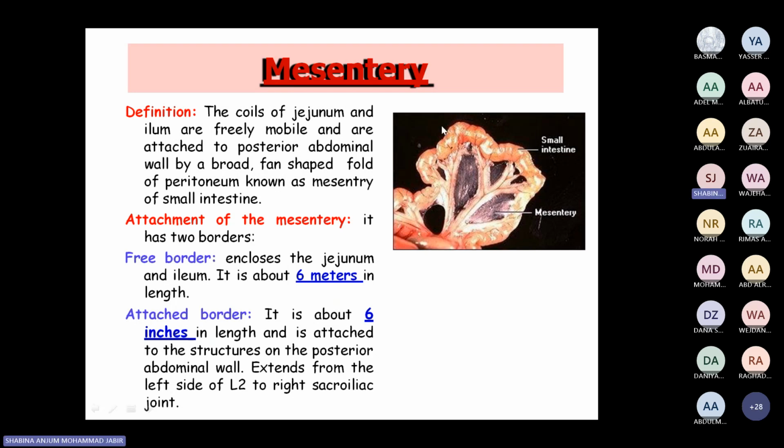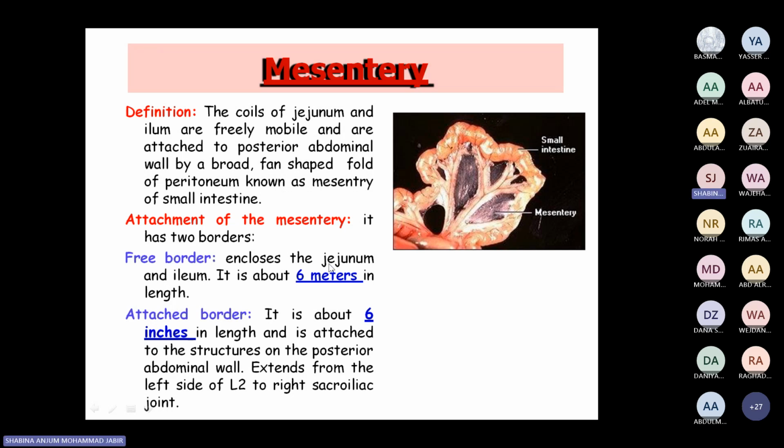Its anterior aspect, which is freely mobile, and posteriorly it has attachment to the posterior abdominal wall. Posteriorly it is the attached border and it is 6 inches in length, attached to the structures of the posterior abdominal wall. It extends from the left side L2 to the right sacroiliac joint.